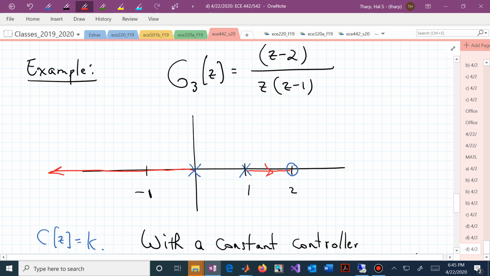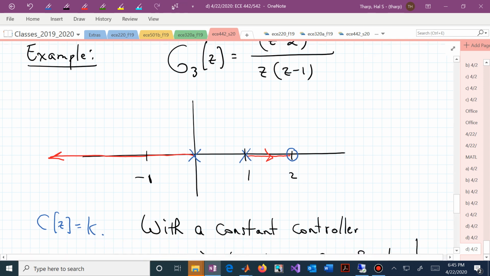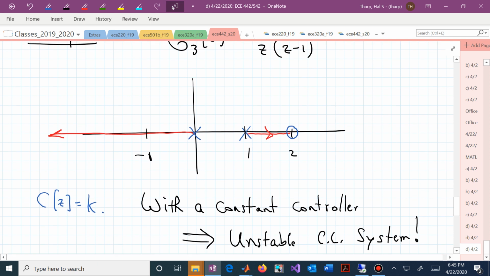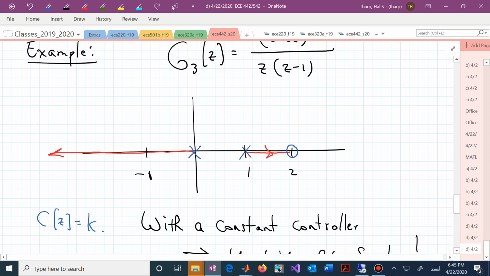And we see that we have that, and there's no way with a pure gain controller that we can stabilize this, because the pole at z equal to 1 just remains outside the unit circle for all values of k. With a constant controller, we can't stabilize this non-minimum phase system.